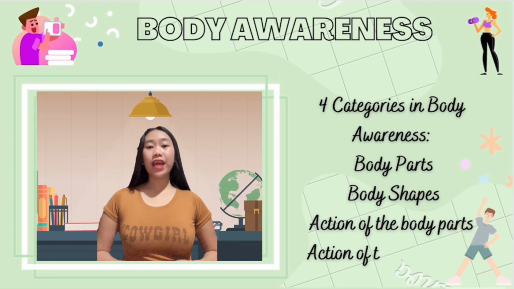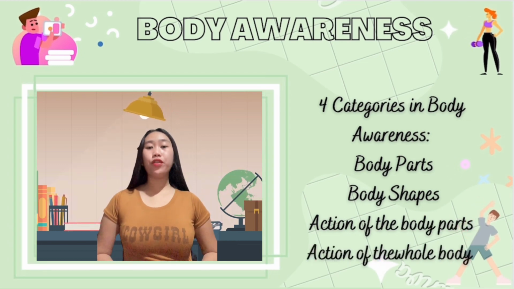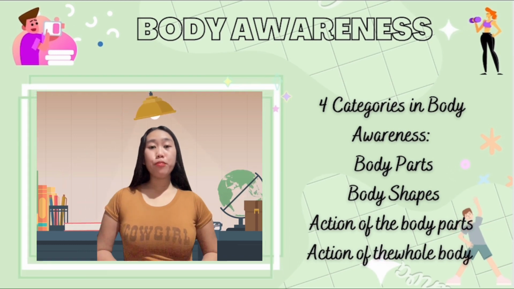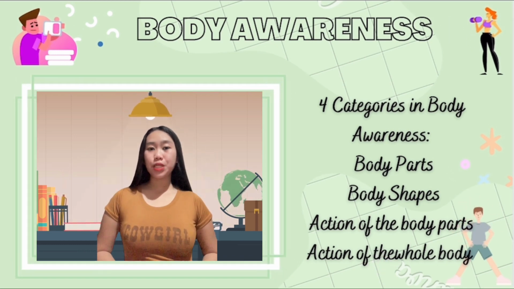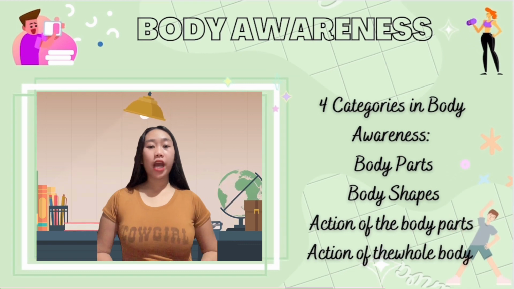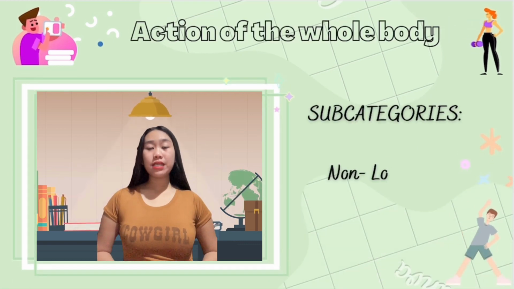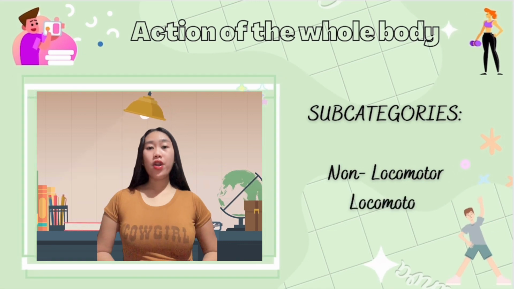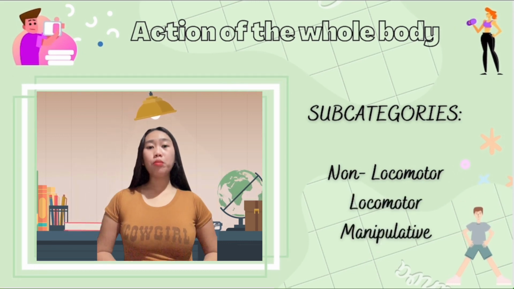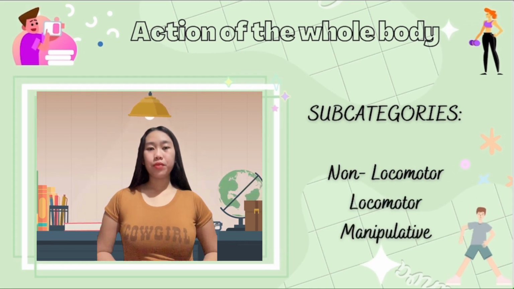And the final category is the actions of the whole body, which are movements or activities performed by the entire person. There are subcategories, which are non-locomotor, locomotor, and manipulative.